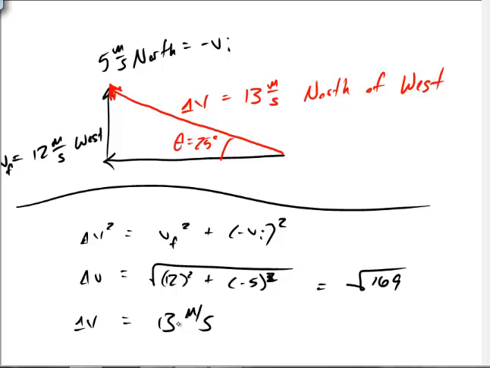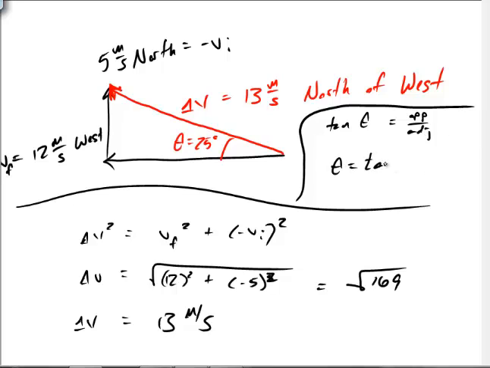If I wanted to take this to the next level, I'll just do that right here. I know that the tangent of my angle here is the opposite side of this triangle over the adjacent side. So the angle is actually tan inverse of 5 over 12.